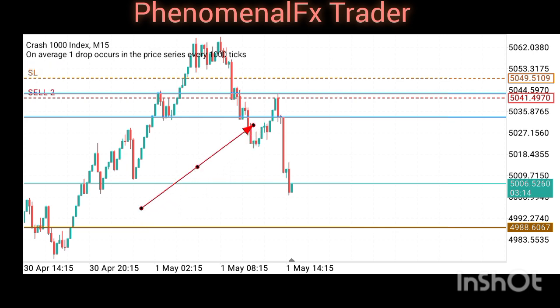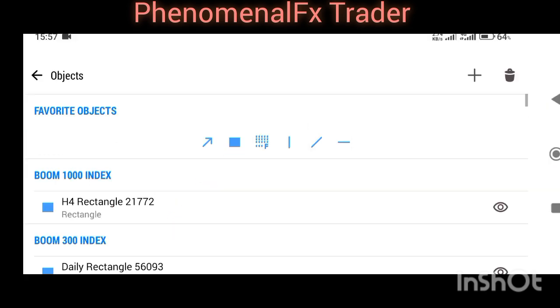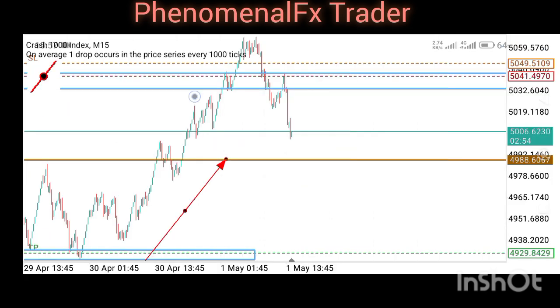So the higher time frame directional bias is, I would say, more accurate and dependable than the ones you see on a lower time frame. And as it is, I still expect the market to sell massively because it's even looking like a head and shoulders pattern. I think the market may want to buy up to this level. It may need to buy up to this level before it sells again.